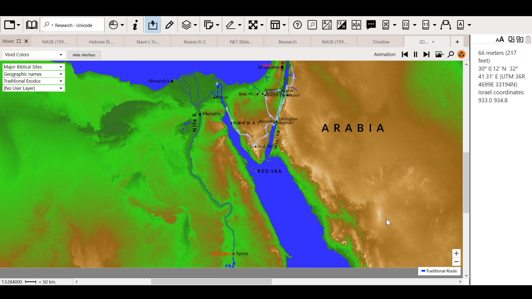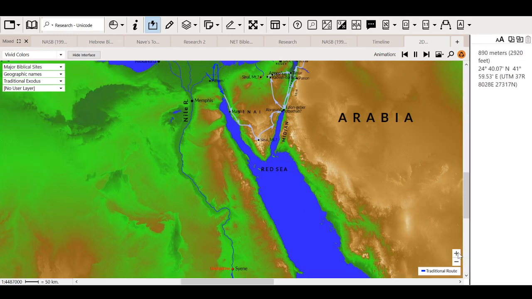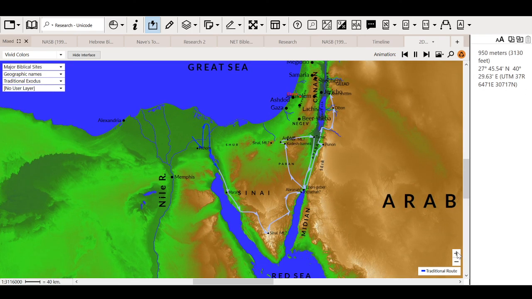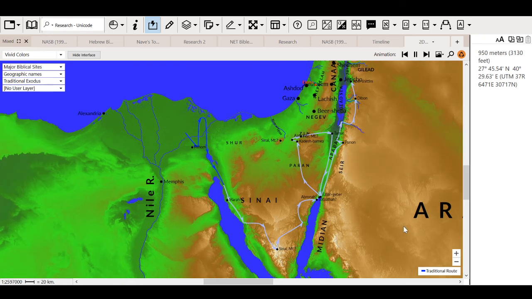It's the Exodus, the traditional route that we believe Moses led the people of Israel through, like what we have seen earlier.